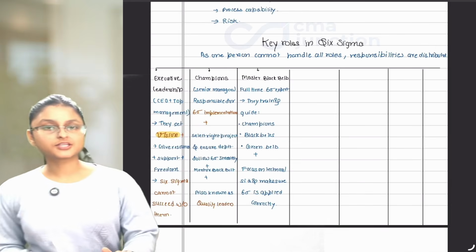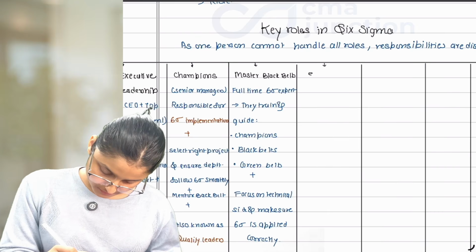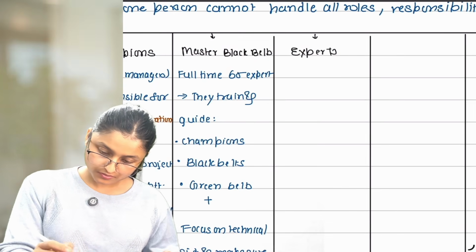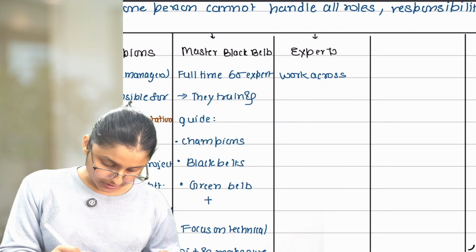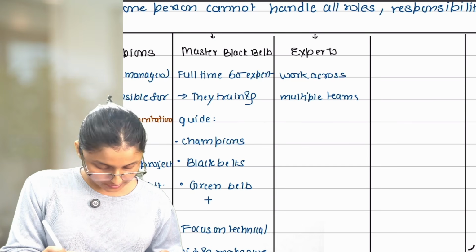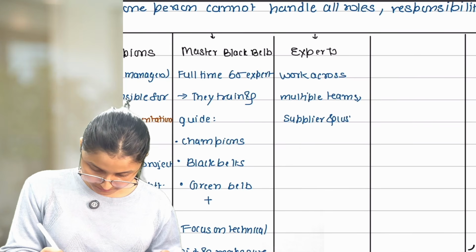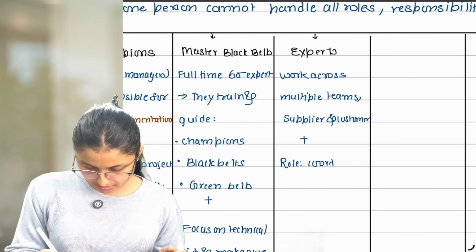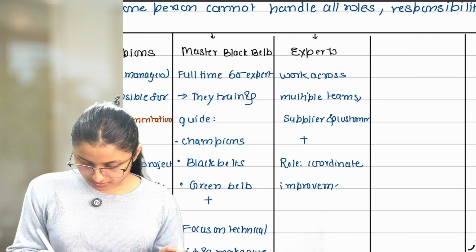Next, after master black belts comes experts. Who are the experts? They work across multiple teams, suppliers and customers, plus their role is to coordinate improvement across the entire system.